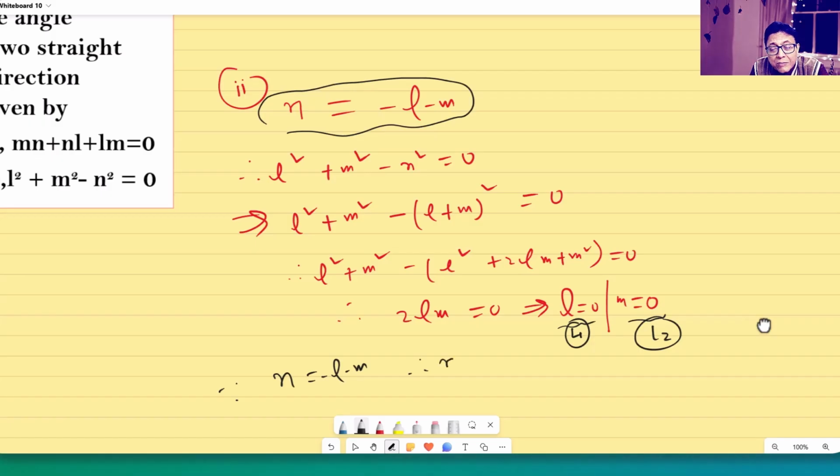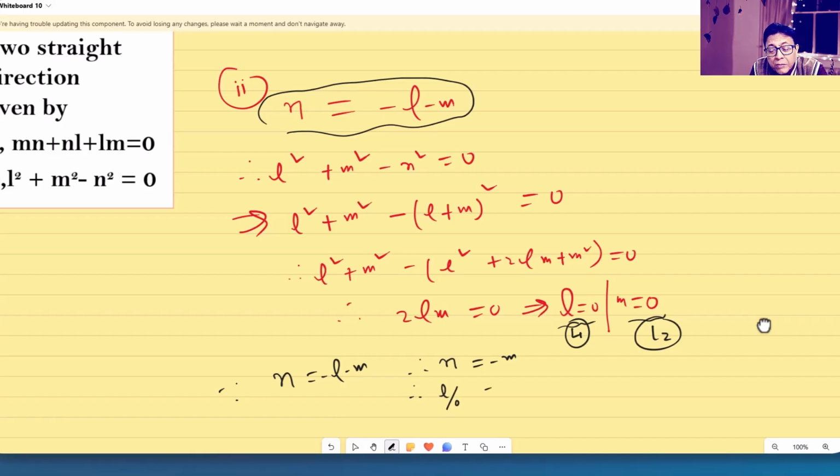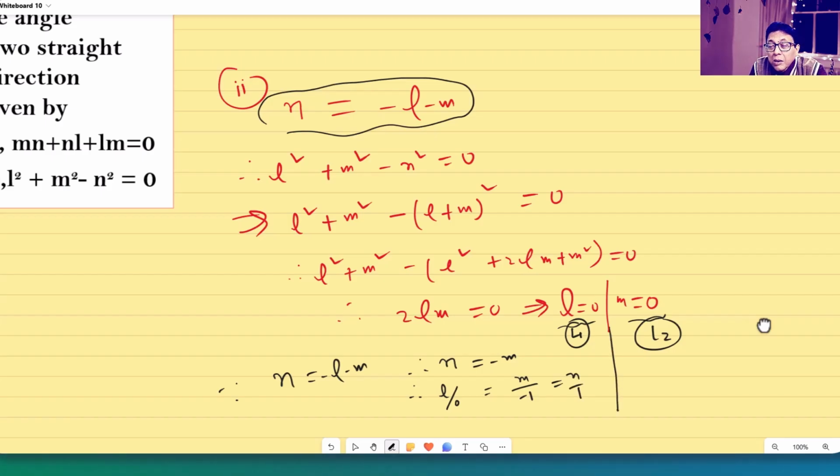So N is minus M. Therefore, L by 0 and if you put M is 0 here, N equal to minus L. So what you get? L by minus 1 equal to M by 0 equal to N by 1. Isn't it? Hope you have understood.